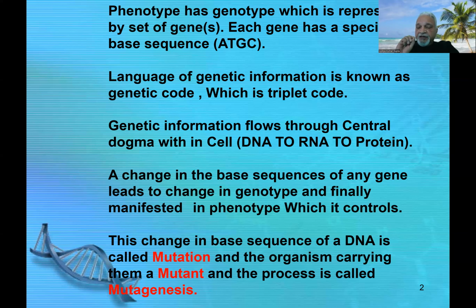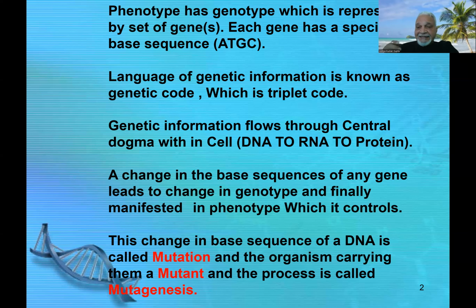Now, if a change takes place in the base sequence of the genetic information of any gene, it changes the genotype, it changes the gene structure, which has a manifestation on the phenotype which it controls. So a change in gene sequence changes the genotype, and that change in genotype results in a change in phenotype.